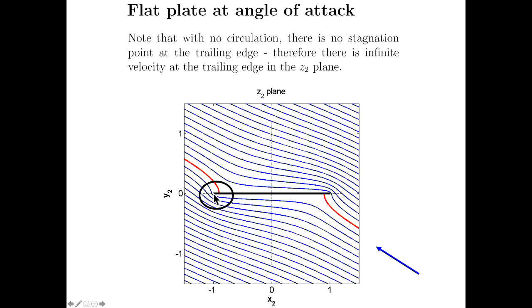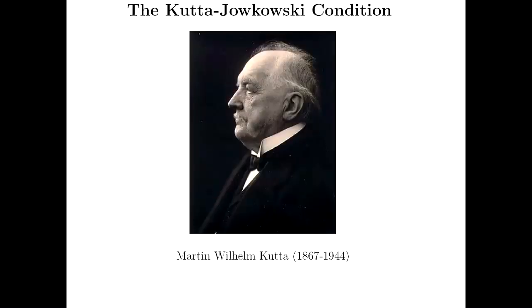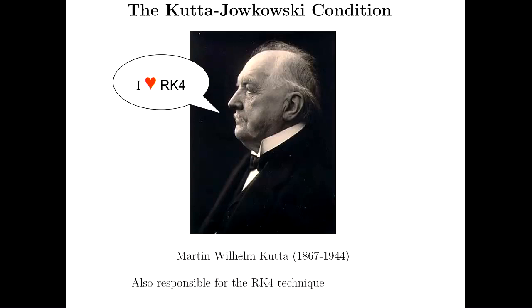To make sure that this velocity doesn't go to infinity, we want to make sure that our stagnation point occurs exactly at the trailing edge. That's known as the Kutta-Joukowski condition. You might know this guy, Martin Wilhelm Kutta, from the RK4 method.